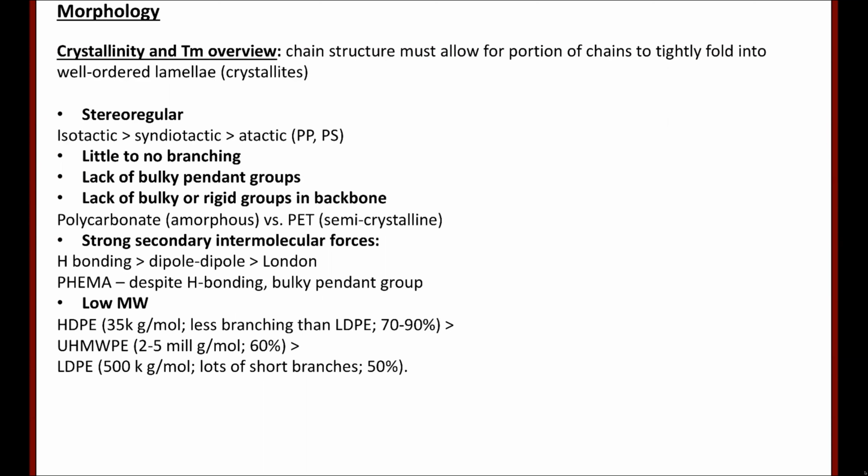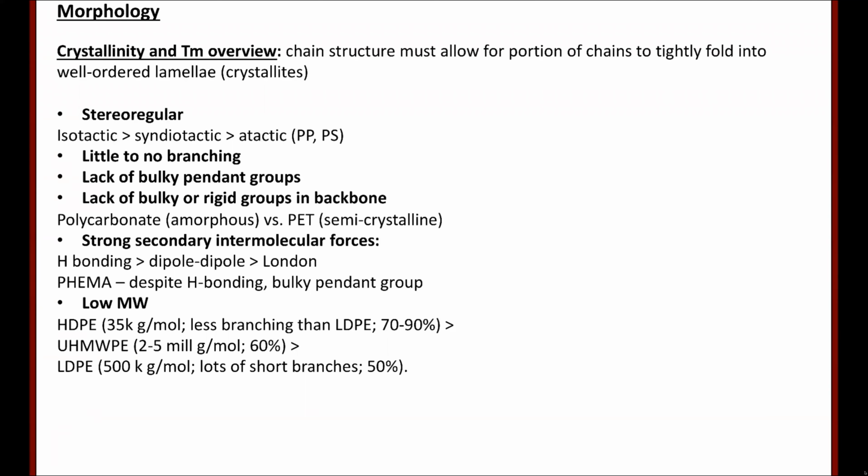I also had a question on this slide. We see that HDPE, a lower molecular weight, leads to a higher crystallinity, which I believe also leads to a higher TM. But doesn't a higher molecular weight lead to more intermolecular chain interactions and a higher TM? Again, this one is just the list, so I would avoid this slide. Don't read this slide. That's probably the best advice I can give you.